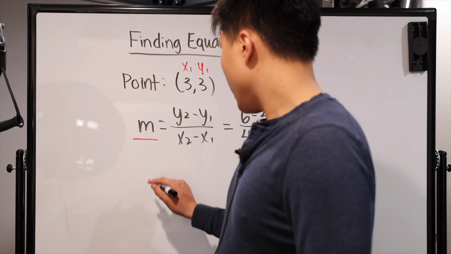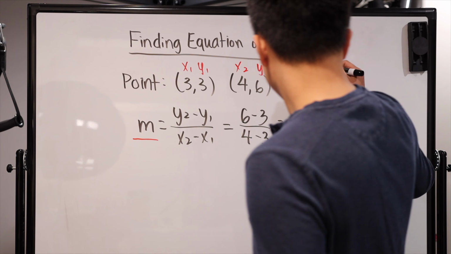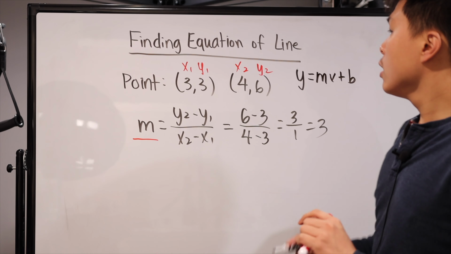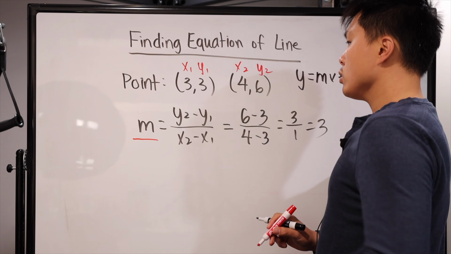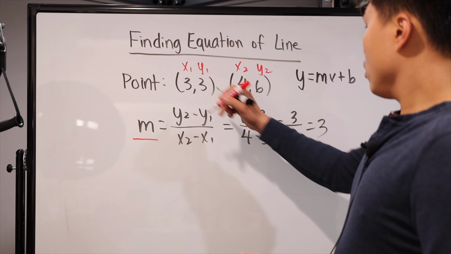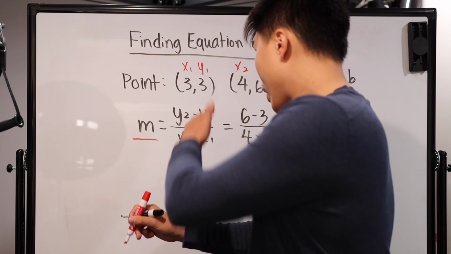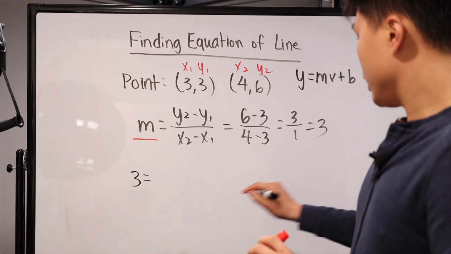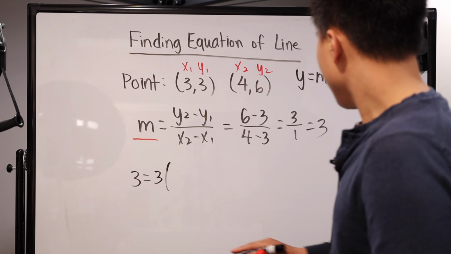So first and foremost, now we have, well, I erased the formula, y equals mx plus b. Let's put it back up here. All right, so I'm just gonna pick this one because it looks easier, who knows, right? So instead of y, we have our y1, which is gonna be 3, equals m right here is 3 times x.